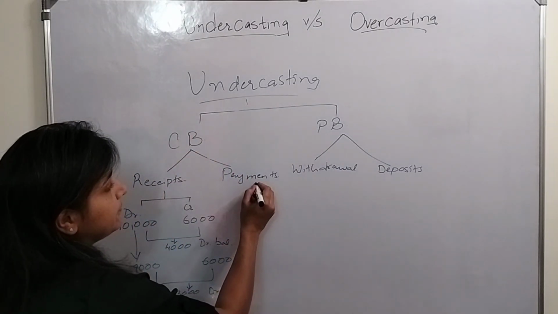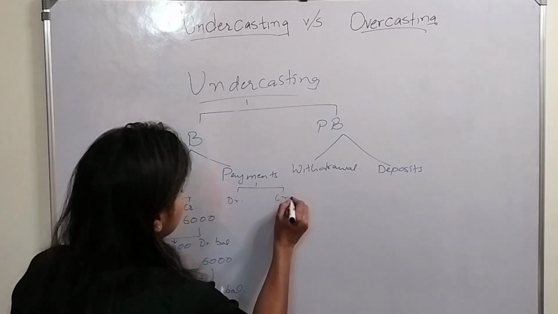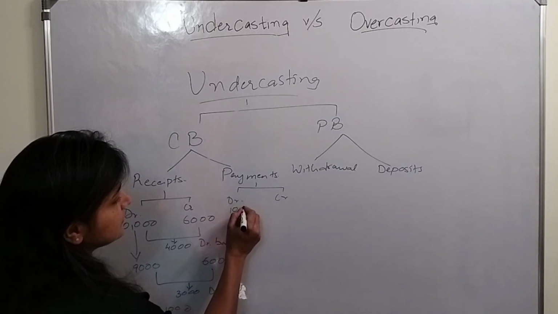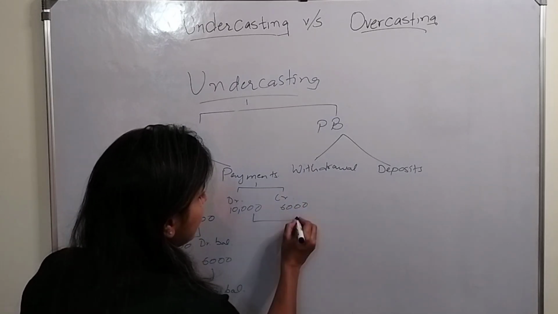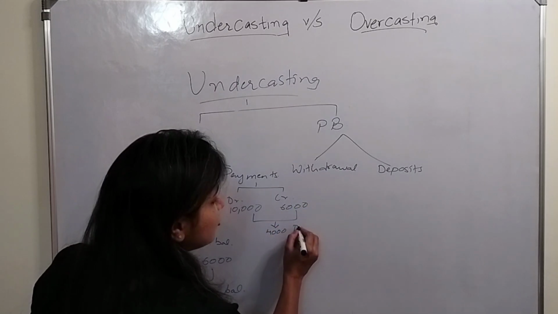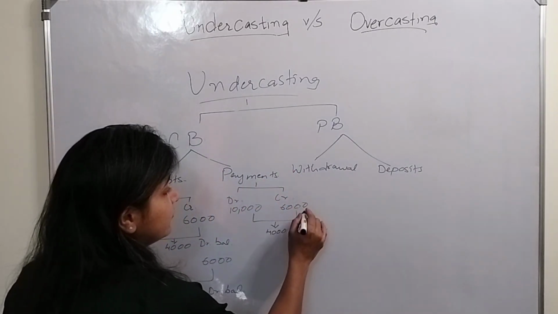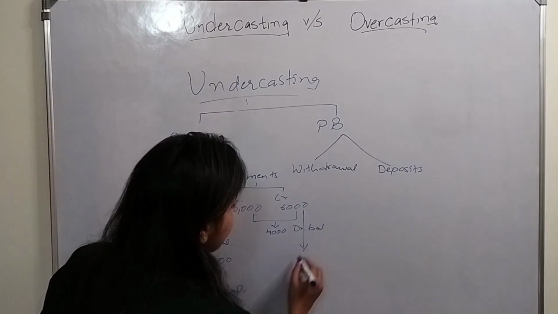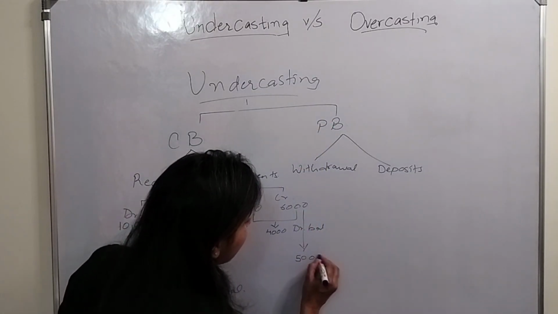Similarly, let's say the payment side. Payment side is credit side, debit side is same, 10,000, and credit side is 6,000. So my debit balance should be 4,000. But instead of 6,000, I have undercasted an amount, that is I have calculated 5,000.